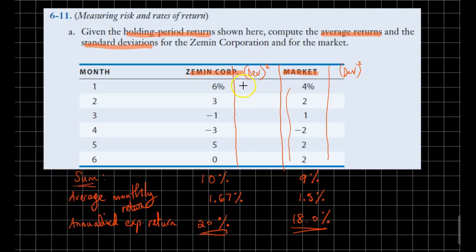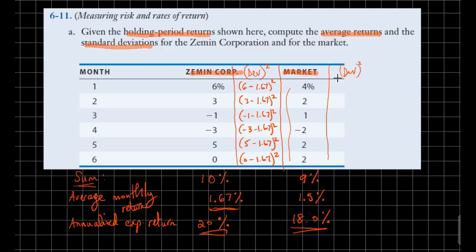The squared deviation would be 6% minus, now we should be careful, we should use the monthly return here, so 1.67 squared. In a similar way, for the second term, we should have 3 minus 1.67 squared, 1 minus 1.67 squared, minus 3 minus 1.67 squared, 5 minus 1.67 squared, and finally 0 minus 1.67 squared.